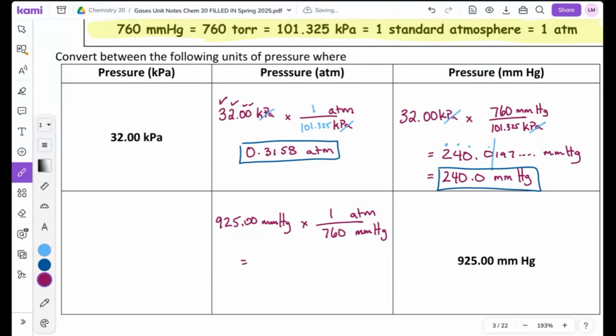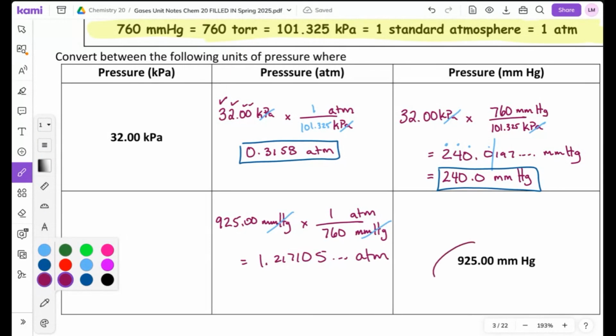So what I'm doing in my calculator is taking 925 times 1 divided by 760. And what I get is 1.217105... The number keeps on going forever. Millimeters of mercury cancel out, so my units are atmospheres.